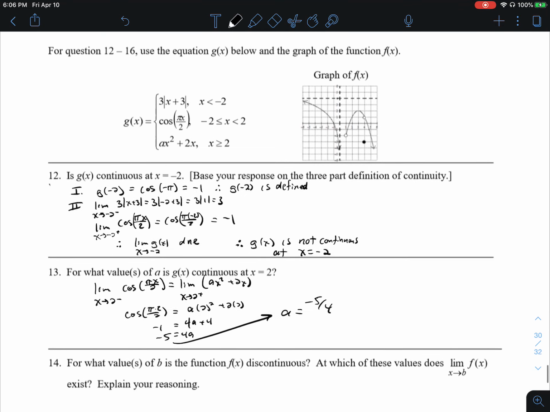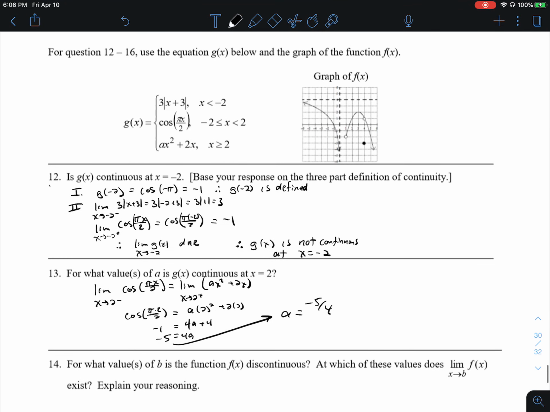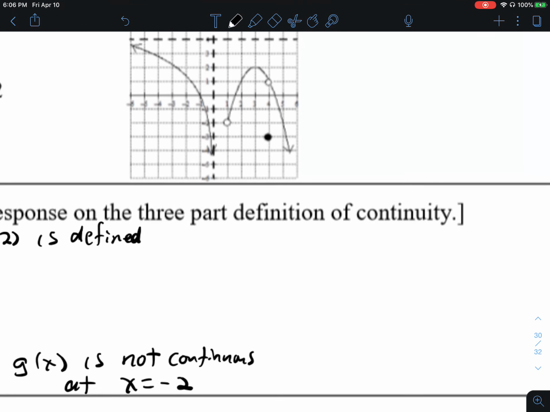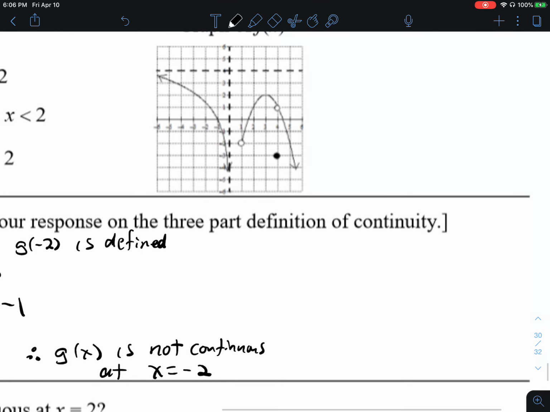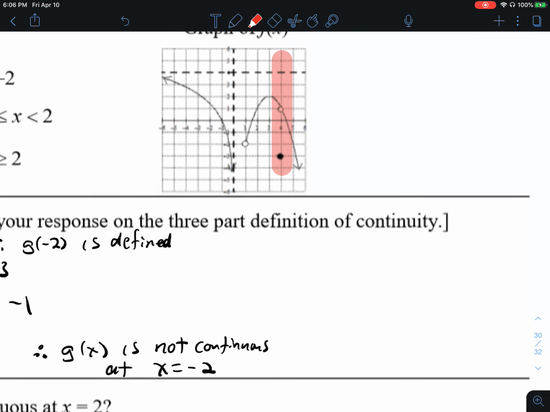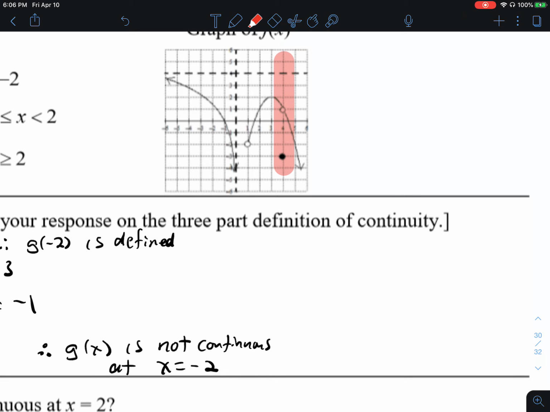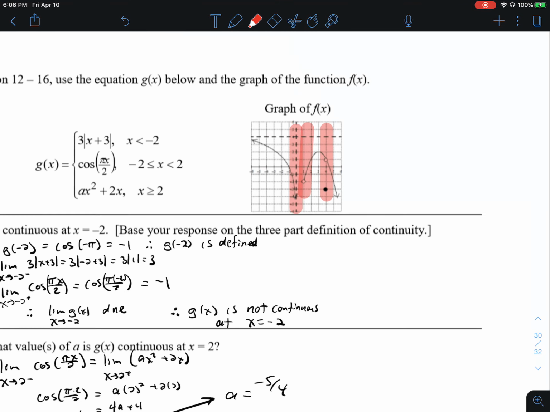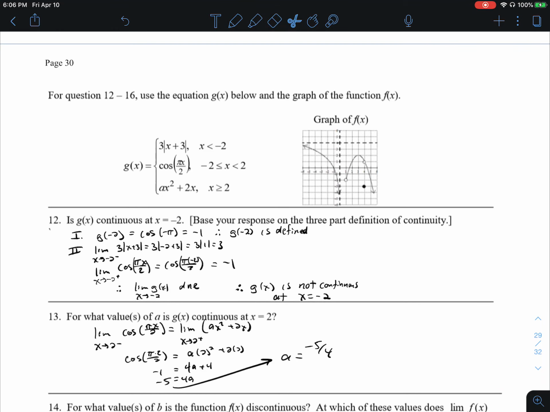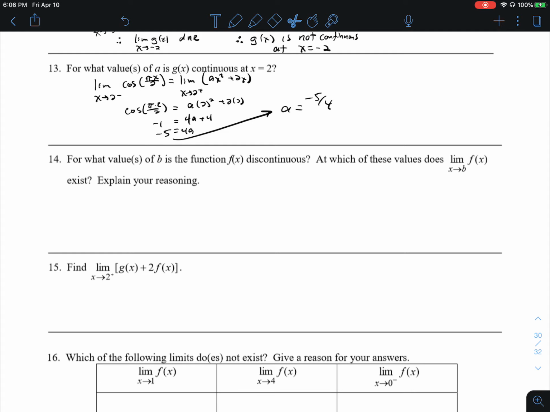So if x is approaching b, it's discontinuous here at 4. It's discontinuous at 0. It's discontinuous at 1. It's discontinuous all those places. Let me bring this graph down here, and we'll see if we can give reasons for these things.